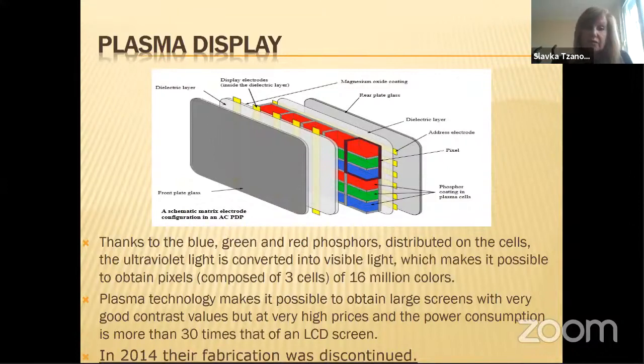Thanks to this phosphor, the ultraviolet light is converted into visible light. And this made it possible to obtain pixels, each one composed of 3 cells.